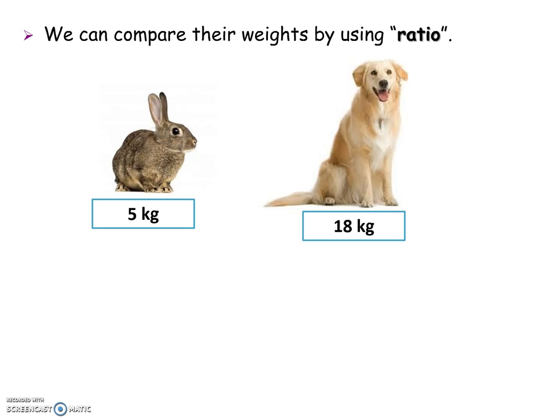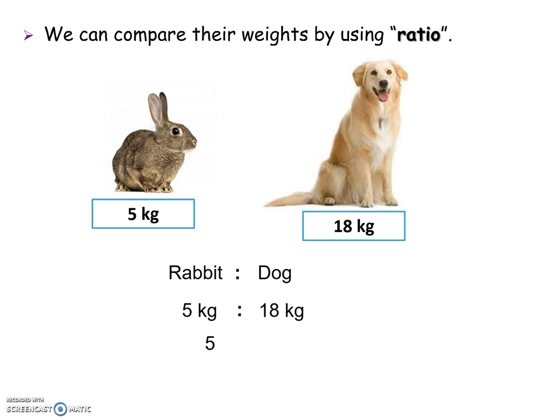We just take the weight of the rabbit, which is 5 kg, and the weight of the dog, which is 18 kg. In ratio, we are not using any units.